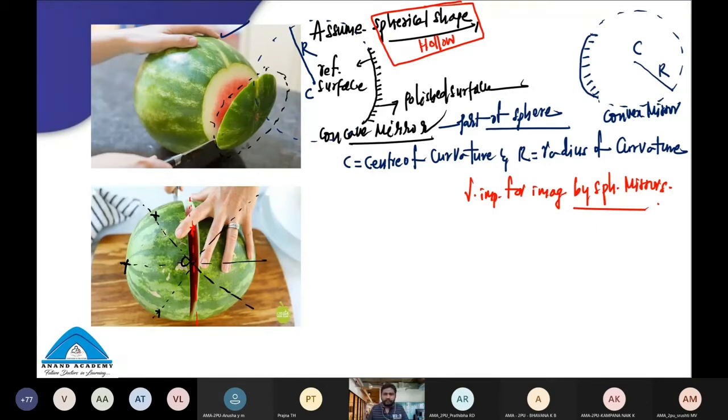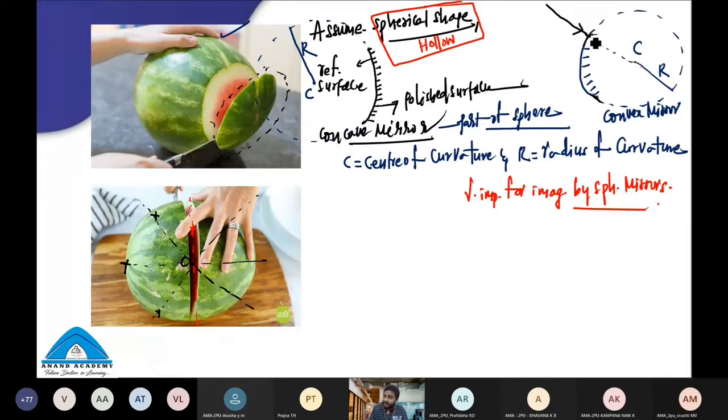Now coming back to our mirrors. So this is our mirror. Imagine a situation. A light ray is incident here like this, students, and it is similar to the line which is passing through the center of curvature.